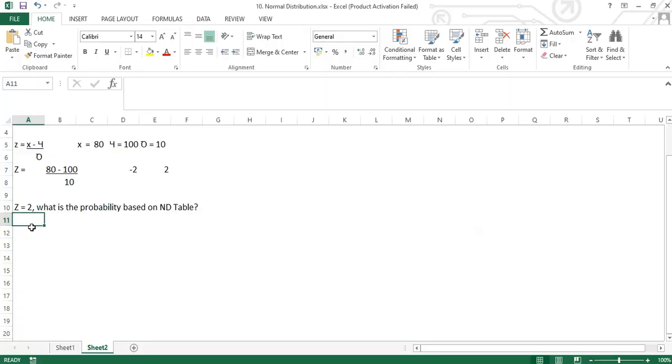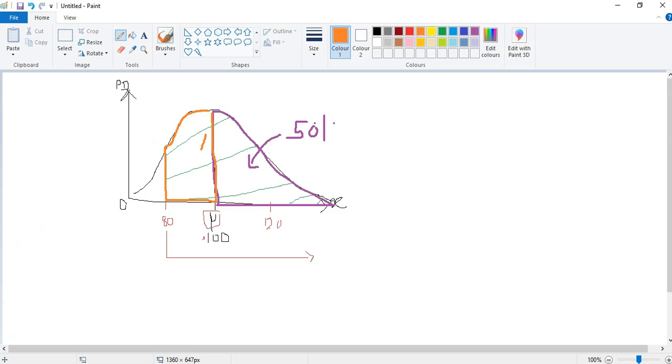So answer will be here, 47.72%. That means this section in the orange section is equal to 47.72%. Therefore, totally what will be the area?